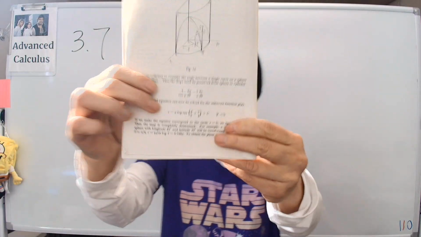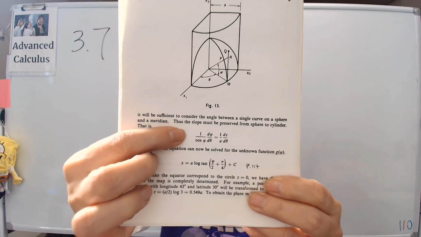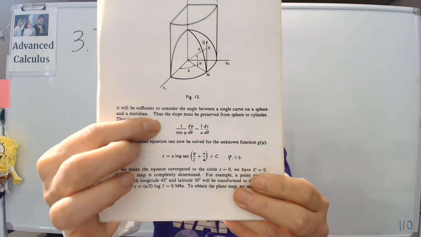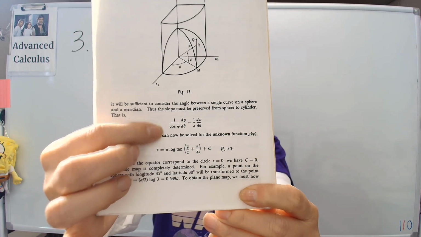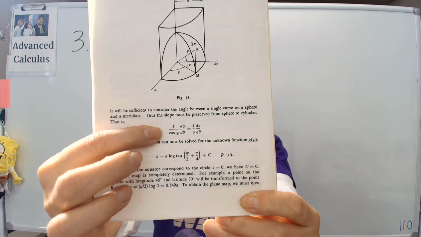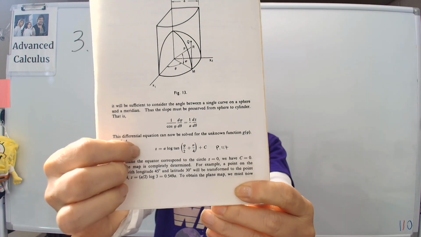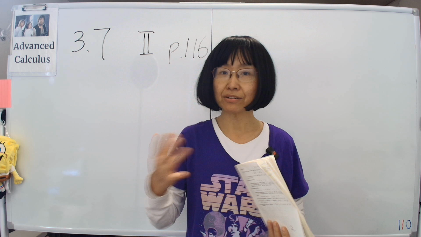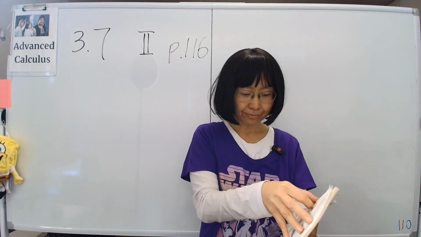We're going to set those two slopes equal. Here's our equation. We're going to solve this differential equation, and whatever the answer is will be our relationship between z and phi in the cylinder, and that will give us the transformation.